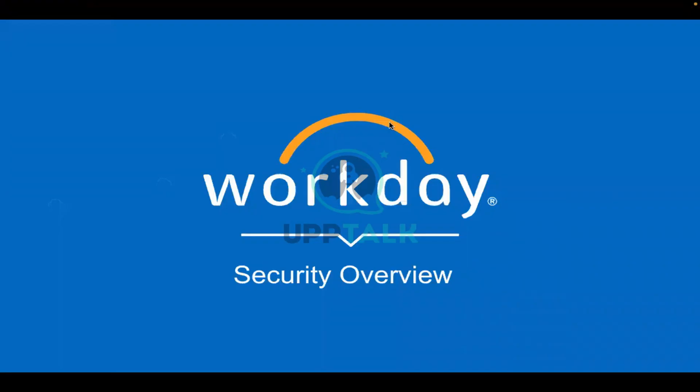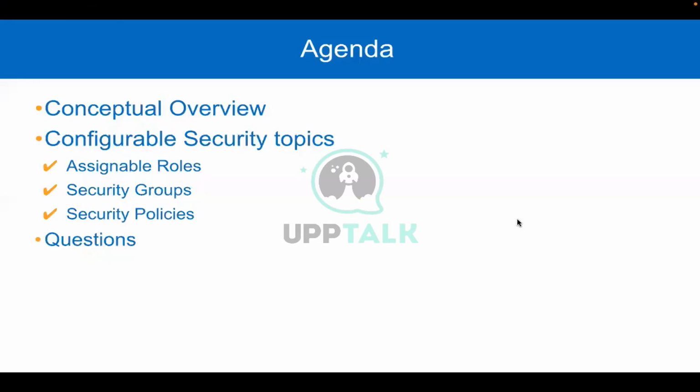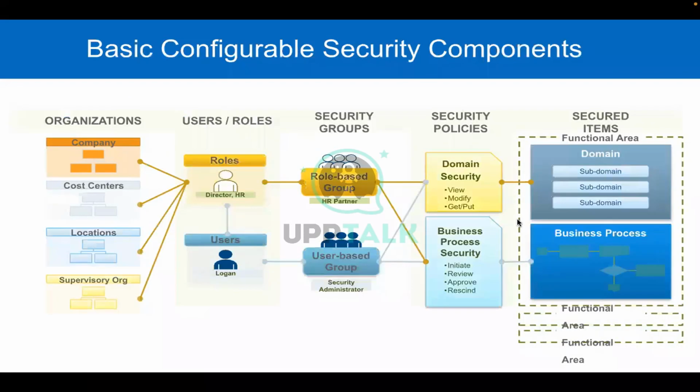Let's get started. We are on the topic of security and will continue to understand more on it. The overall structure of security, which we have discussed so far. The components that we have covered are the functional areas, all the way to the domains and subdomains, which have their own domain security policies.